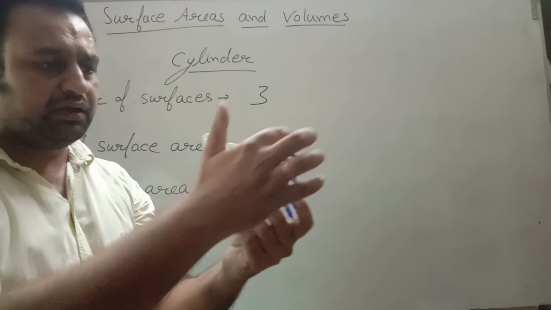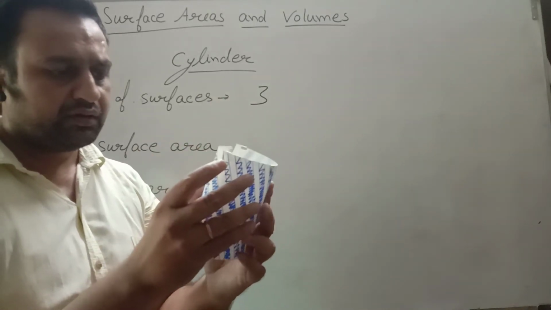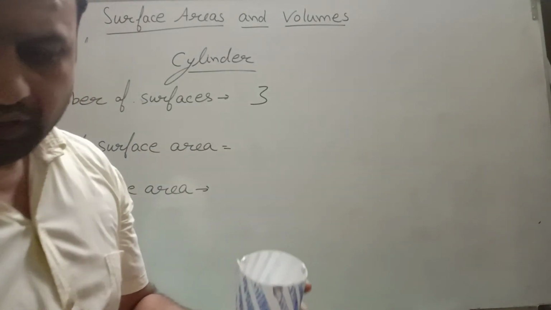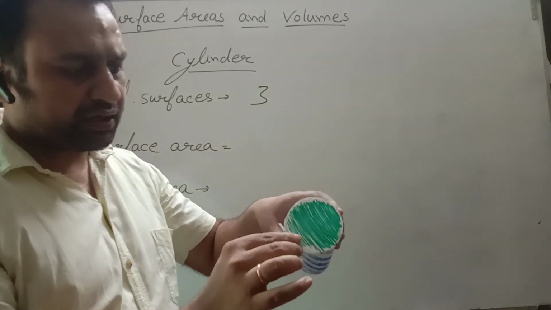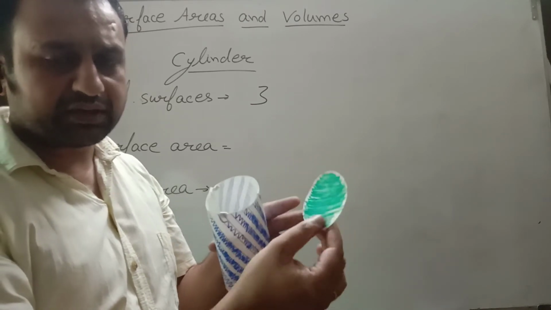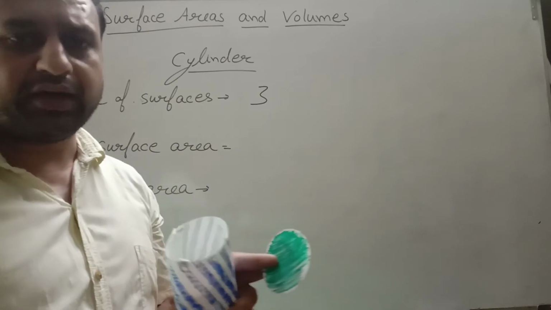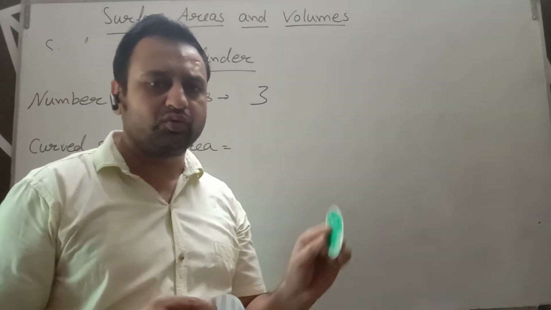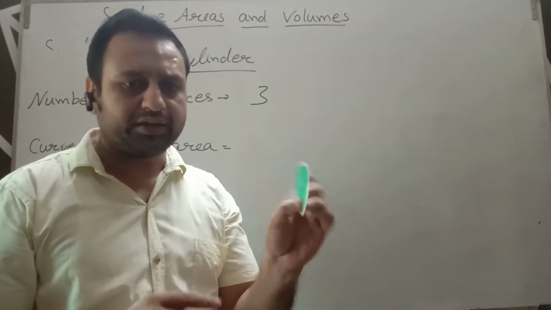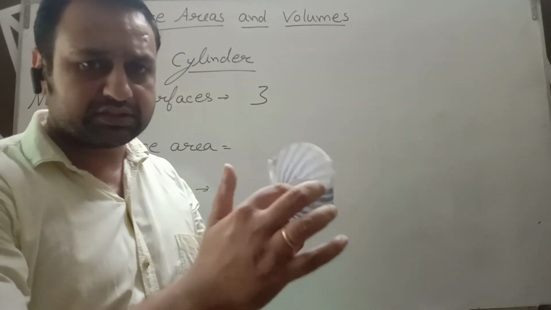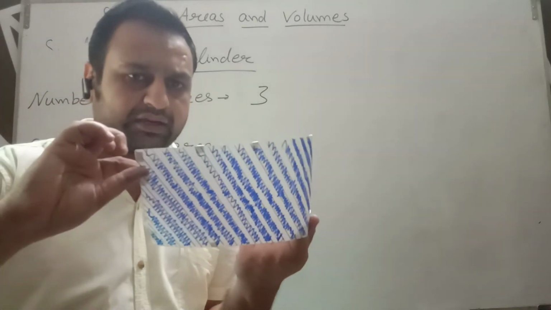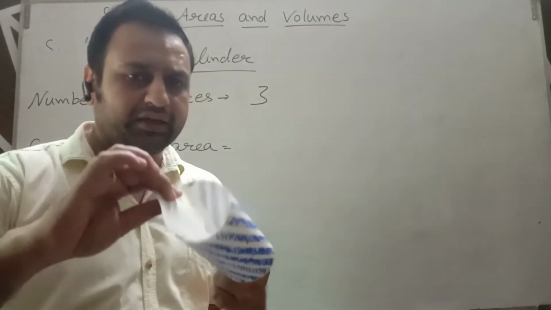And its length, because it is a circle, this portion is called the circumference of a circle, and we know that the circumference of a circle is 2 pi r, that is, the boundary of the circle is called 2 pi r. So the length of the rectangle is 2 pi r.